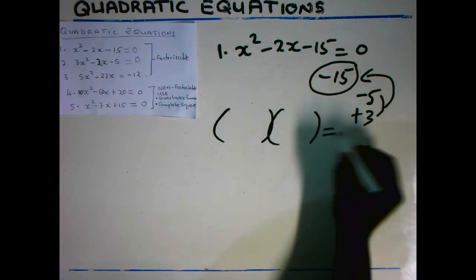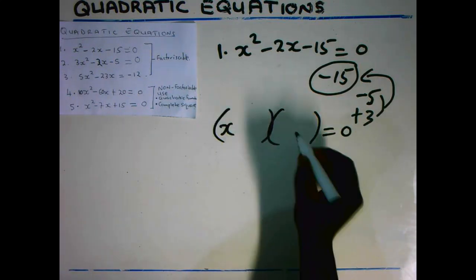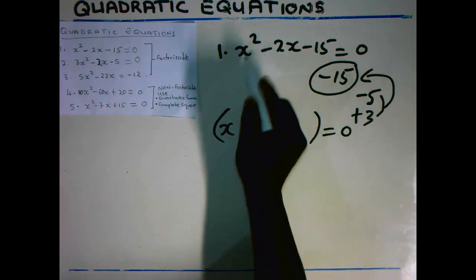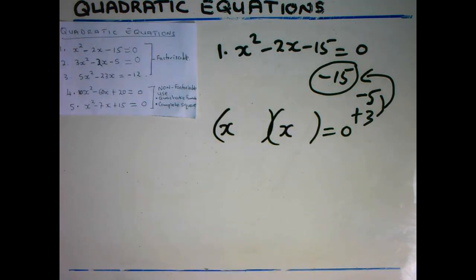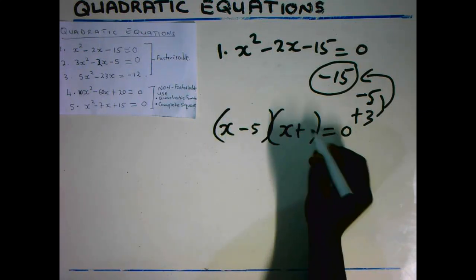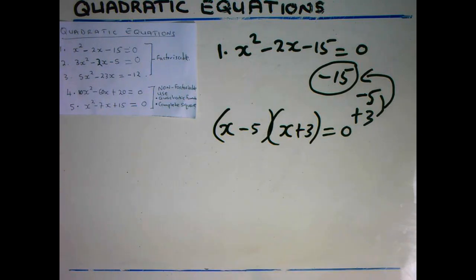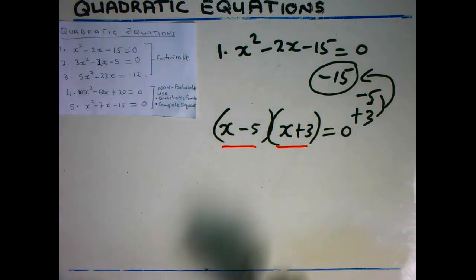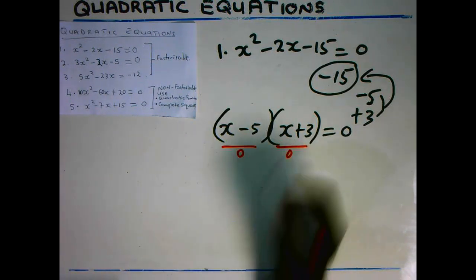So what you do, you proceed. We have our x, we have our x. You see why we put this x and this x? We can see that when we expand, we'll get an x squared. So inside, replace this by the factors that we have established above. Now we use the fact that there is no way you can multiply two numbers and get a 0 unless both the two numbers are zeros or one of them is a 0.